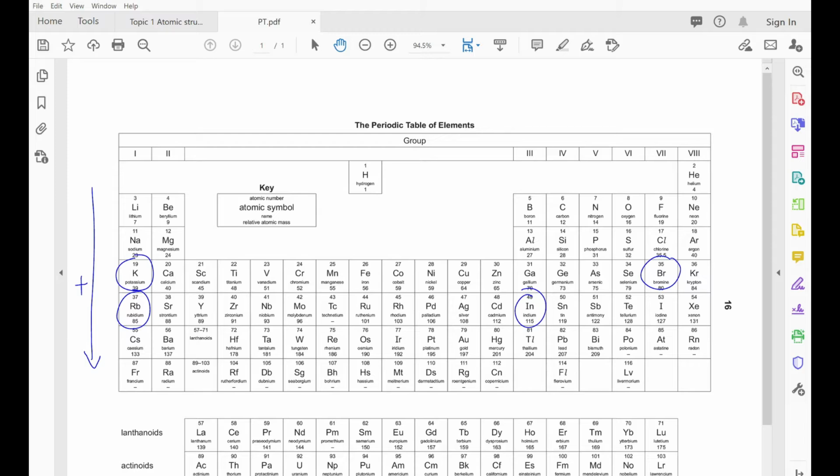But when you go across a period, radius actually decreases because you have the same number of electron shells occupied, but increasing number of protons. So the attraction between nucleus and the outermost electrons increases. So the largest atomic radius would be rubidium.